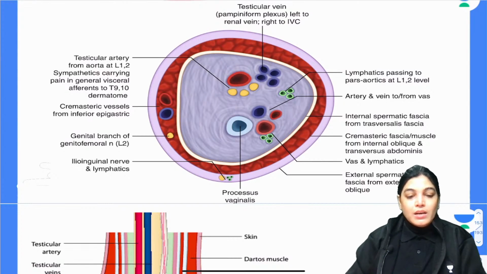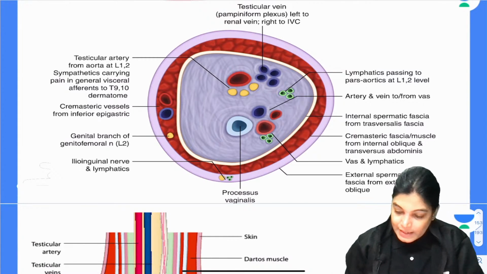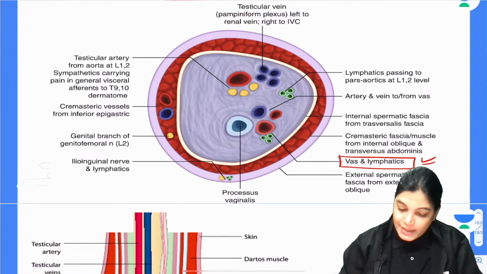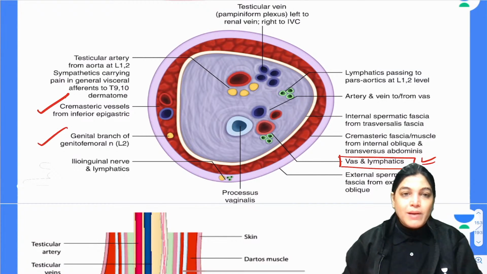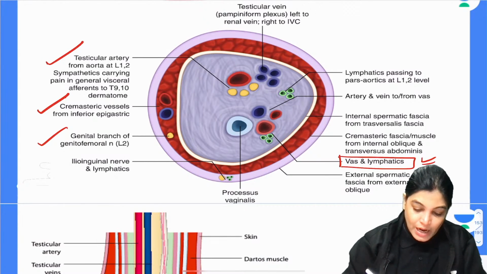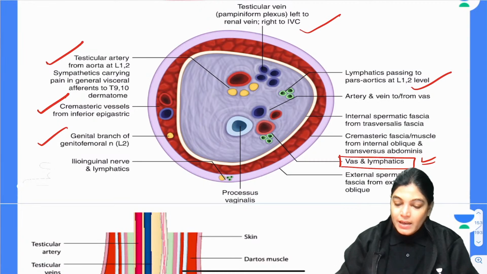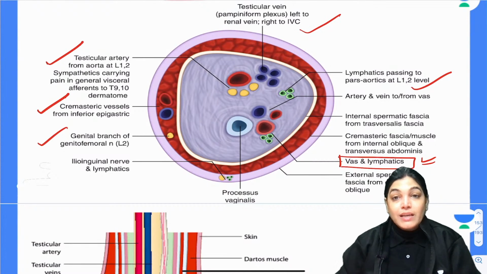What does the complete spermatic cord contain, which all structures? It is containing ductus deferens. So it is containing, as you can see, vas deferens and lymphatics, and it is containing cremaster vessels. It is containing genital branch of genitofemoral nerve, testicular arteries, testicular veins, pampiniform plexus, lymphatics, and it also has the vessels, the arterial supply of ductus deferens.